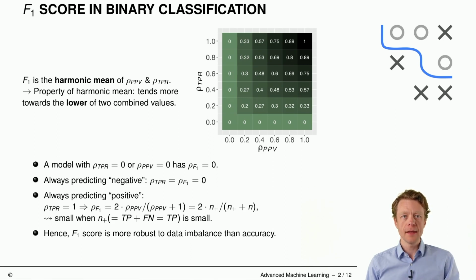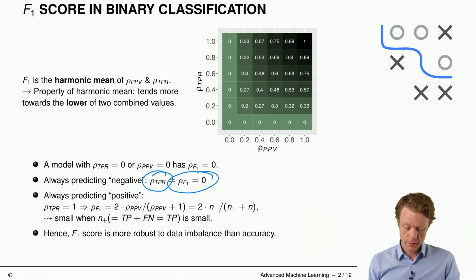If we always predict negative, then the true positive rate, of course, will be 0 because we do not have any true positives. So, the harmonic mean of 0 and anything else is still 0. So, the F1 score will be 0. Which is good, because we want, of course, a score which has low values for a rather stupid classifier here.